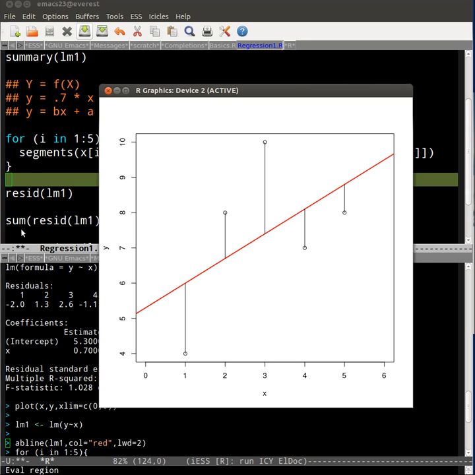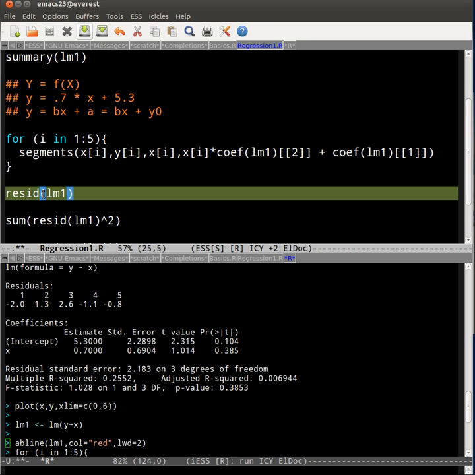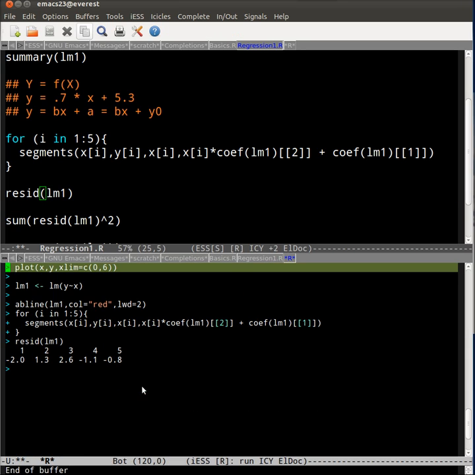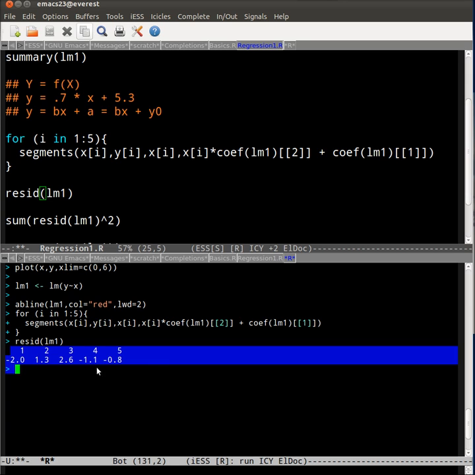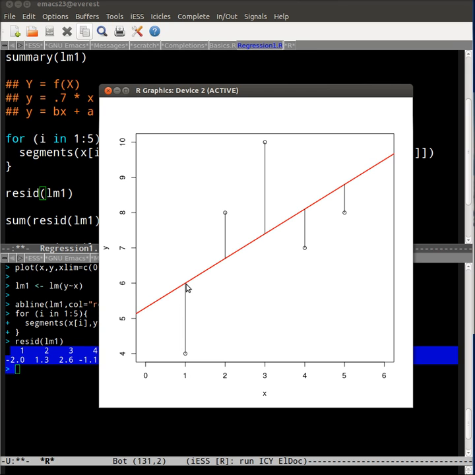So now how do we figure that out? Well, R gives us this handy little function called resid, and resid will take out the residuals. So down here, I'm just going to highlight this so everybody can see. Now you see it in blue. The first data point has a residual of -2. All right, so that would be y observed minus y expected. Now y expected is y hat.